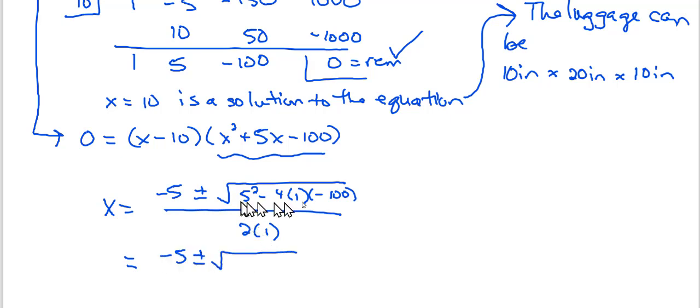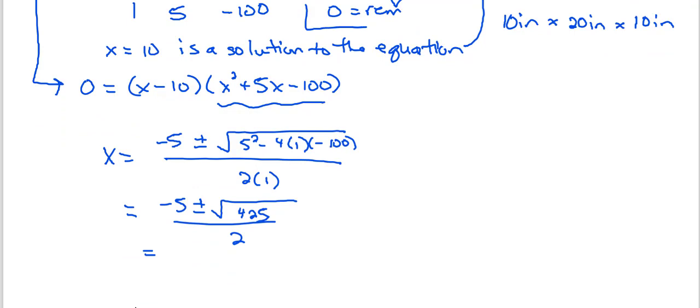Negative 5 plus or minus, that's 25 plus 400, so 425, over 2. 425 is not a perfect square, so it doesn't simplify to an exact number or an integer there. So I'm going to approximate it. It says round to 1 decimal place. So the square root of 425 is 20.6. So negative 5 plus or minus 20.6.